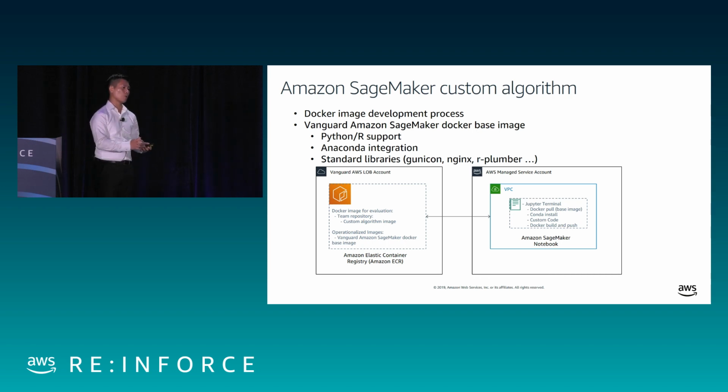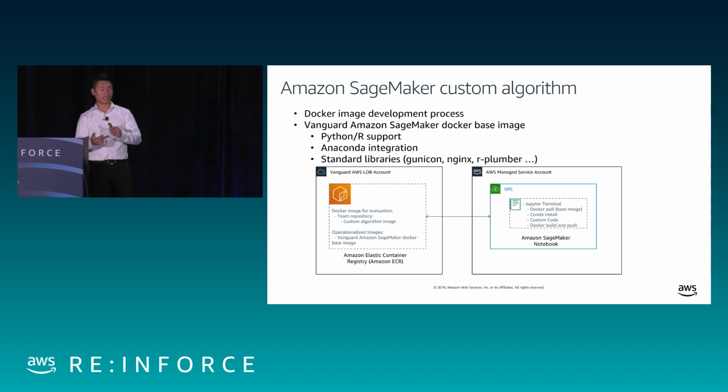That image also supports common libraries and has standard configurations. For example, it supports Python and R, and has an integration with Anaconda to bring in additional libraries. We also install standard libraries like Gunicorn, Nginx, or Plumber.